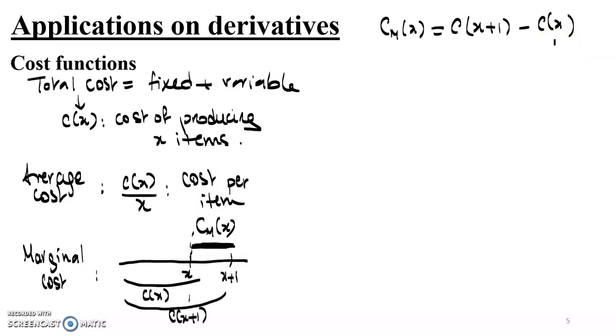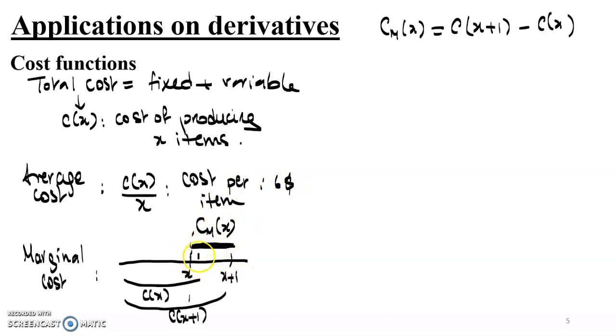Now, why are marginal costs important to study? Because, for example, if I have produced x items, I know that on average each item, for example, cost me $6 to produce.